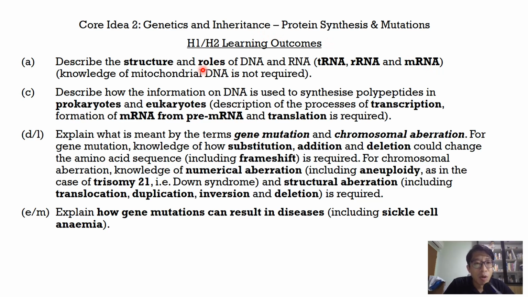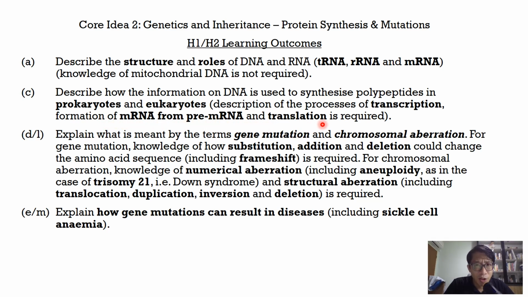We will look at how the information stored in the DNA is used to make proteins in the process of transcription, and for the eukaryotes, the post-transcriptional modification, and then the translation.